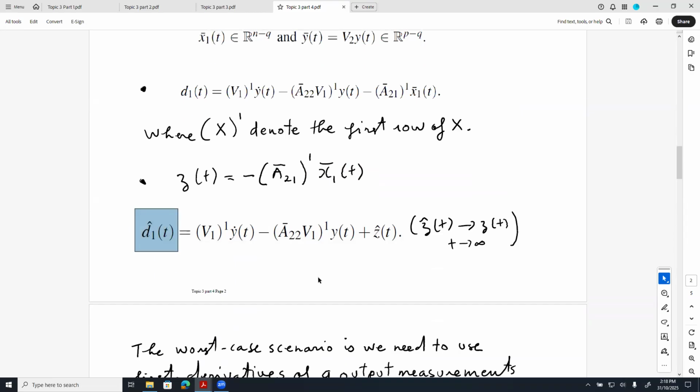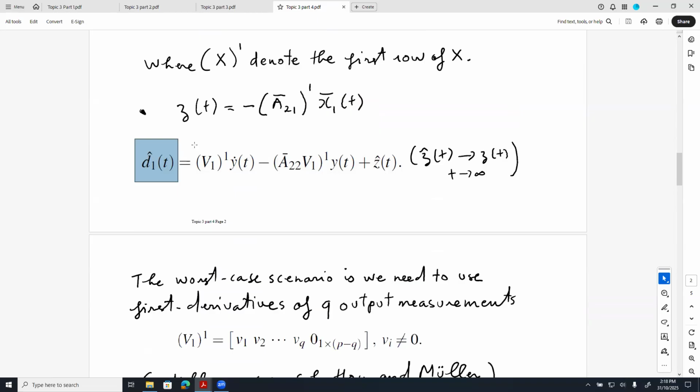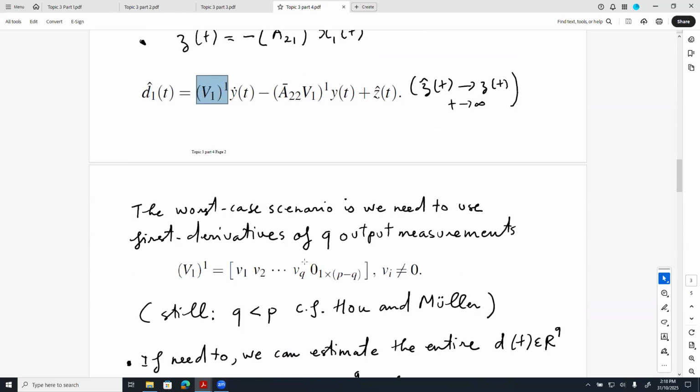Now, bear in mind that the first row of this matrix V1 might have up to q non-zero elements. And that's why we have to use the first derivative of q output measurements.